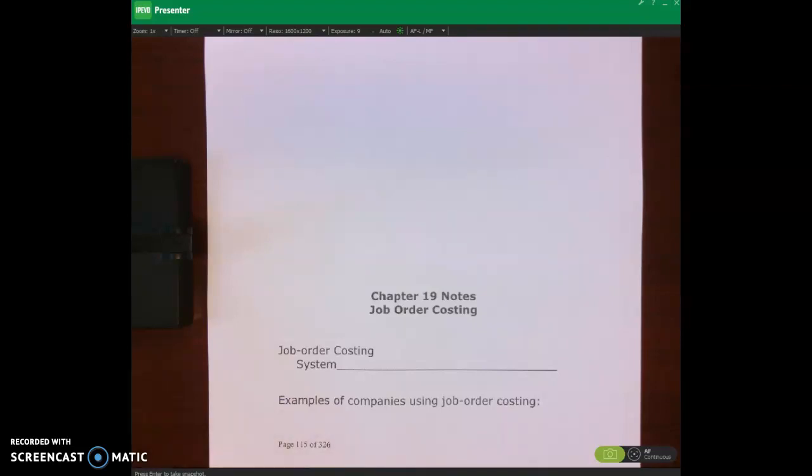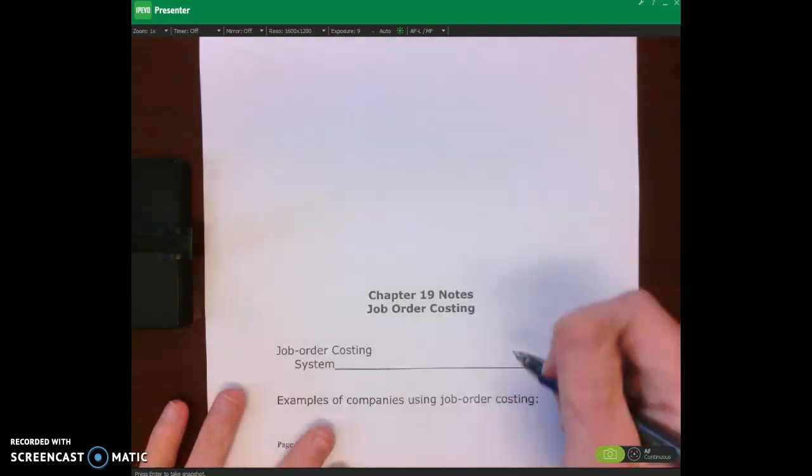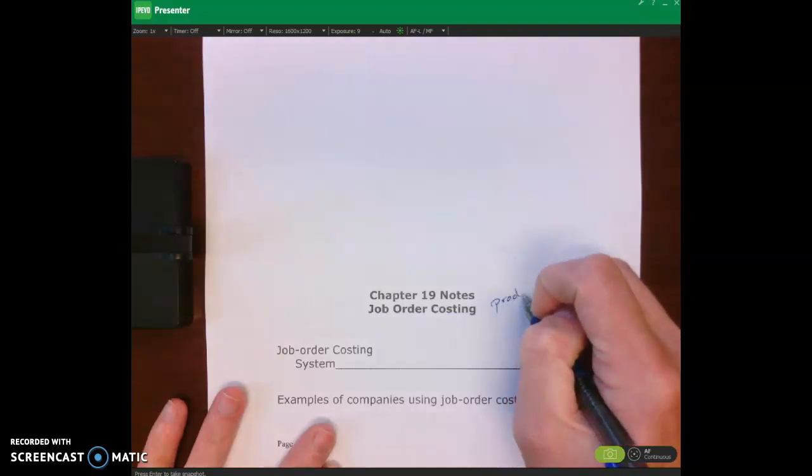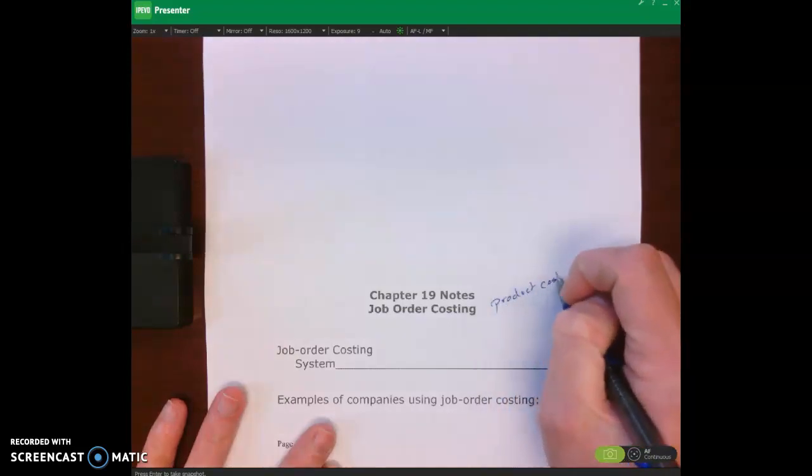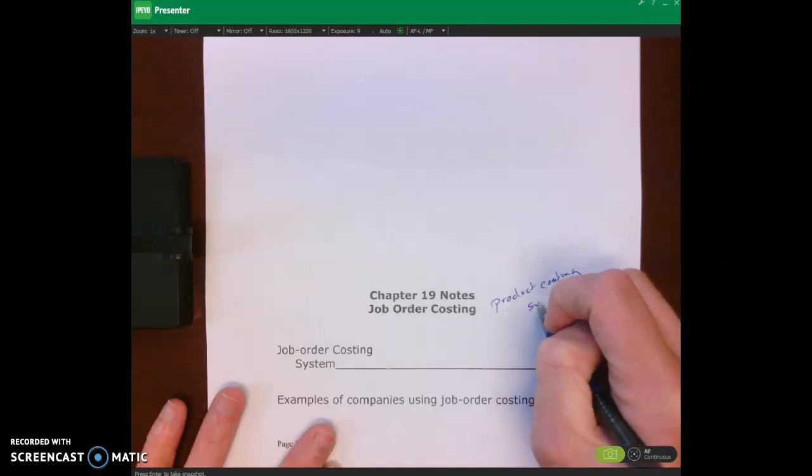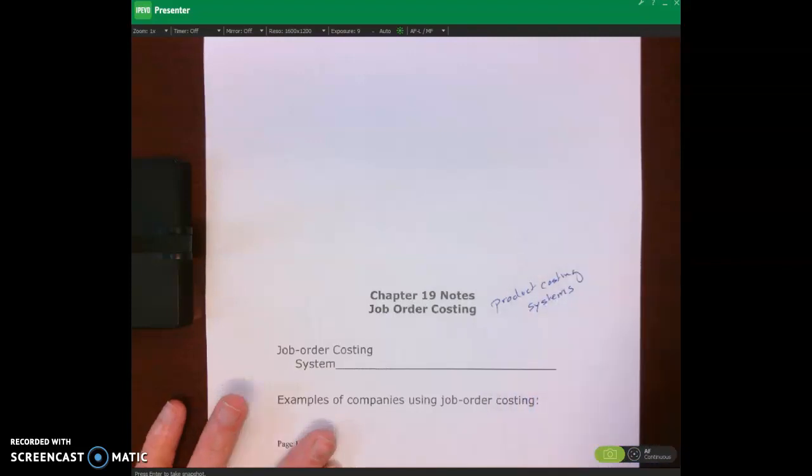So job order costing, and also what we'll talk about in the next chapter, process costing, are two types of product costing systems. When we talk about a product costing system, we're referring to a system that helps us determine how much it costs us to make something or to provide some type of service.